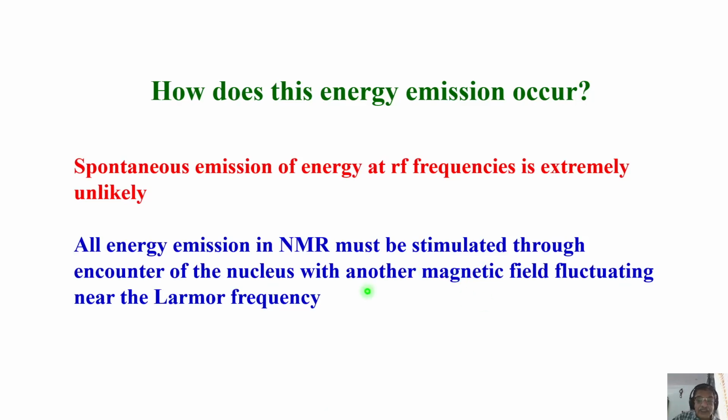So this fluctuation frequency is at the Larmor frequency because it has to match the energy separation of the spins. Then only can the transition in the lattice take place. The spin energy is given to the lattice, so the lattice will go up. So it must match the Larmor frequency. The fluctuating magnetic fields have to match the Larmor frequency.